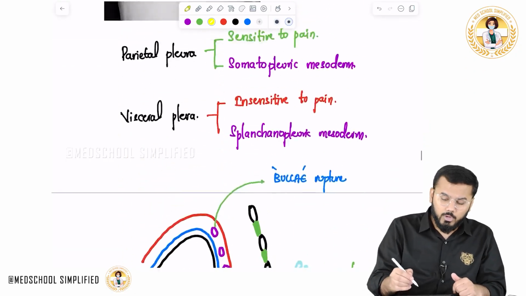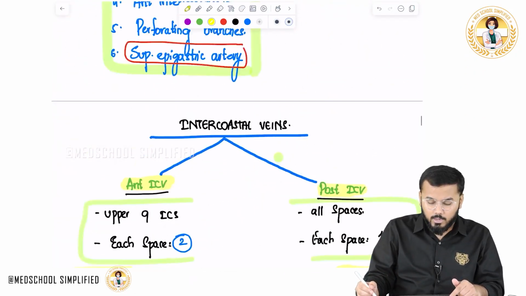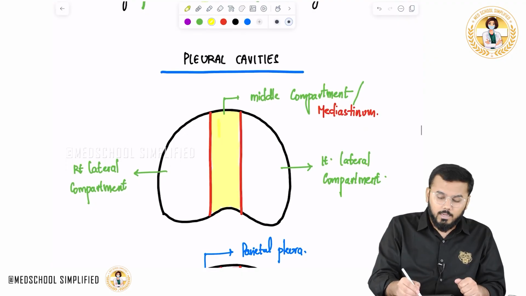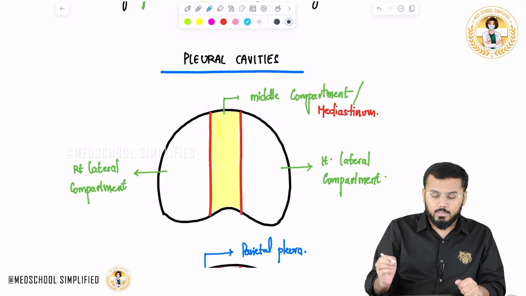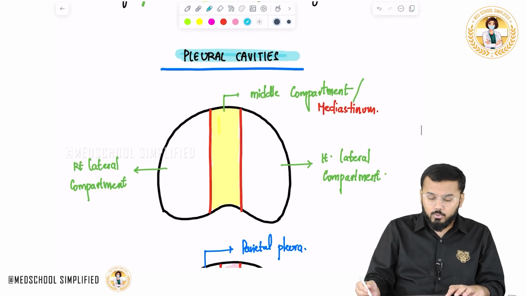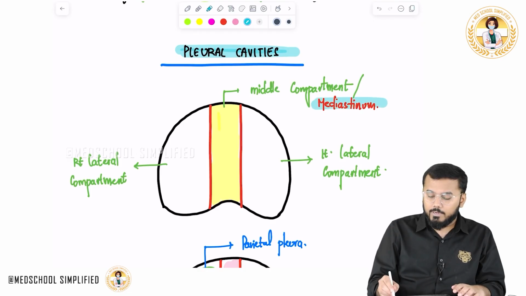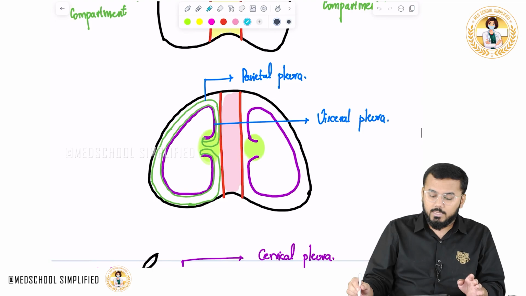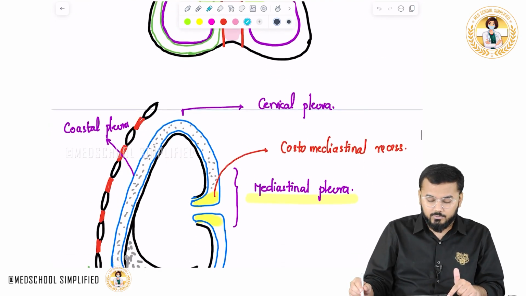Okay, so if you look at the things which we just spoke about, we were discussing the pleural cavities. I already told you that the middle compartment is also called the mediastinum. Next, there are two kinds of pleura, parietal as well as visceral.